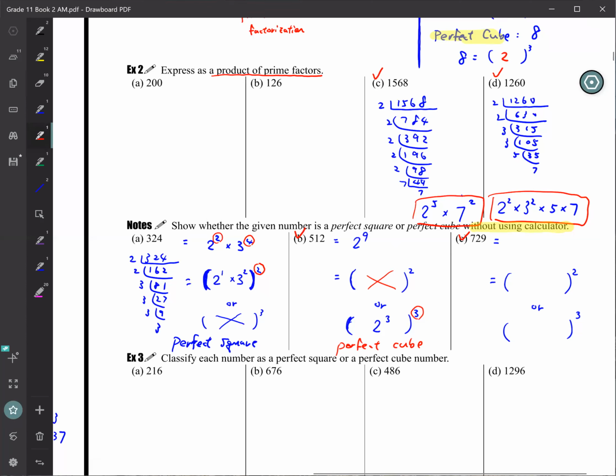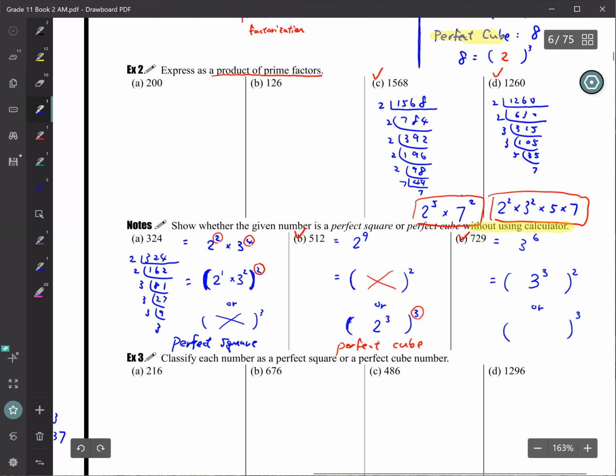Right, and Nathan, did you find the prime factors for 729? Yeah, it's 3 to the power of 6. Okay, 3 to the power of 6. So do you think it's a perfect square or a cube? Perfect square. Okay, how would you do that? What's inside the bracket? If you divide it by 2, but it's also a perfect cube as well. So inside the perfect square will be 3 to the 3.